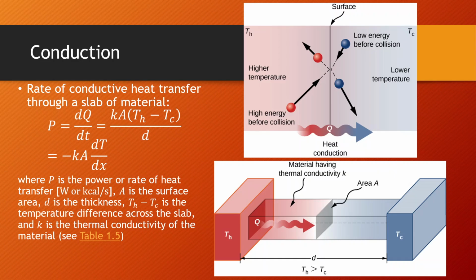TH is the temperature of the hot material, and TC, the temperature of the cold material, so TH minus TC is the temperature difference across the slab of material.